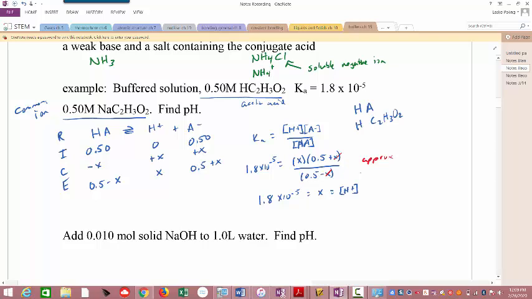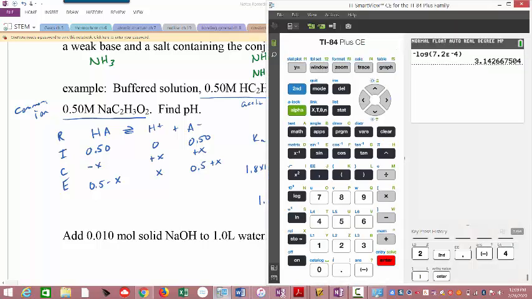But let's play it safe and use our numeric solver.